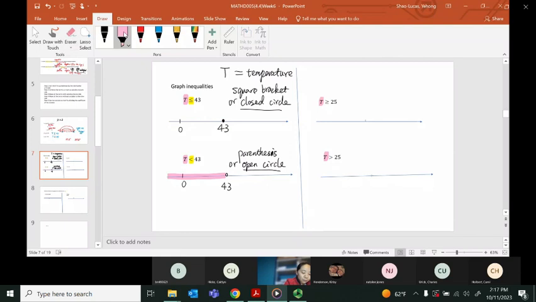So if you don't have a highlighter like I do, you could start from that 43 and raise the line and put an arrow pointing to the left. So it's the same effect as highlighting the number line. Or if you really want to darken the line, just keep using your pencil or pen, just keep darkening those numbers. The same thing here, I could do the exact same thing.